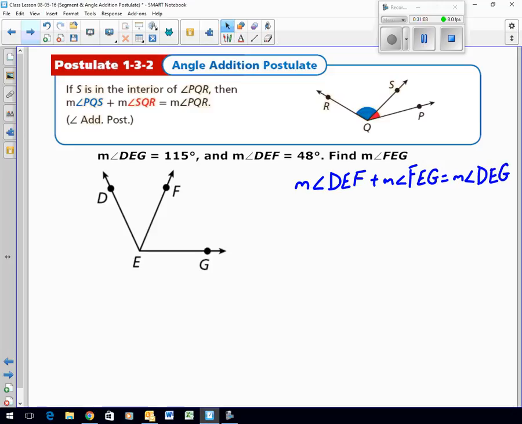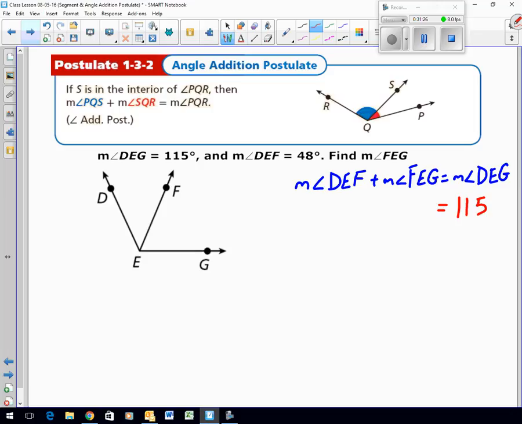Okay? So far, so good, right? I'll say this again. That's the geometry, right? That's what we just wrote down. That's what we defined, okay? Now let's add some algebra to it. How much is DEG? 115, right?